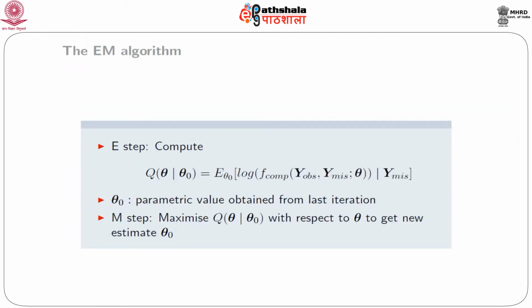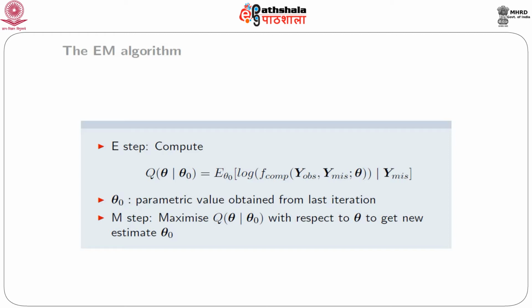So, in the E step, what do we do? We find a function Q of theta given theta naught, where theta naught is the parametric value from the last iteration. So, for example, for the (t+1)th iteration, theta naught is theta superscript t, and Q of theta given theta naught is the expectation under theta naught of the log likelihood conditional on the observed values.